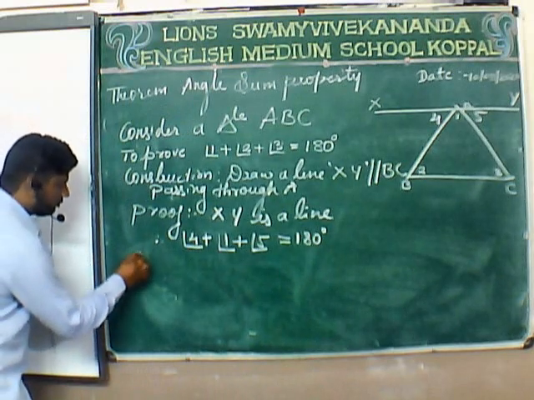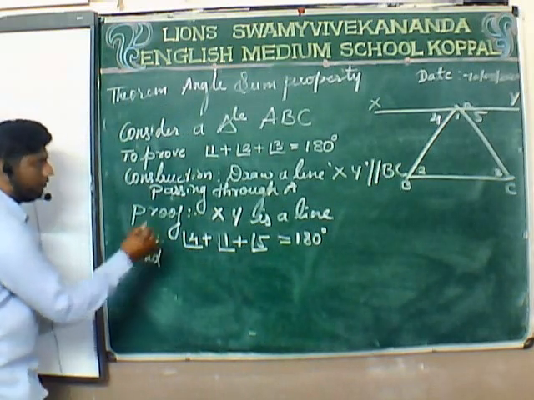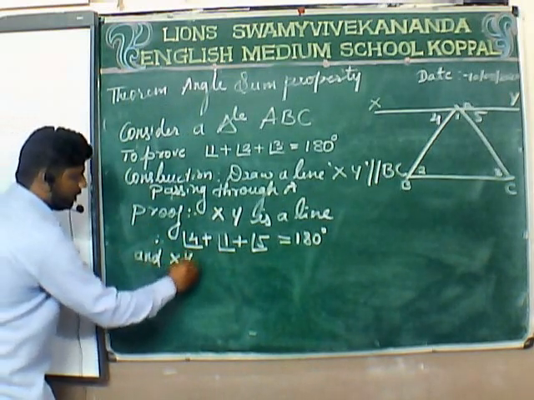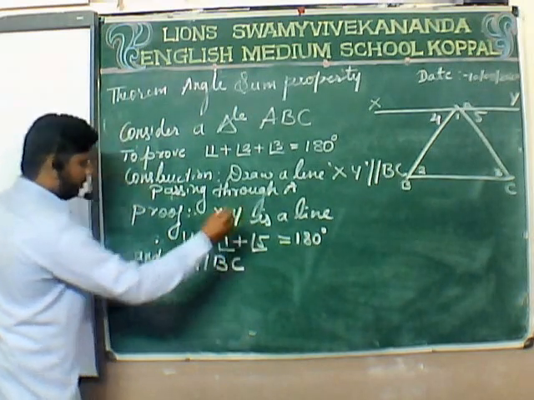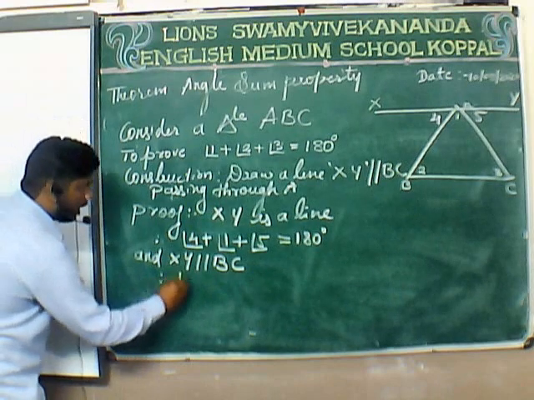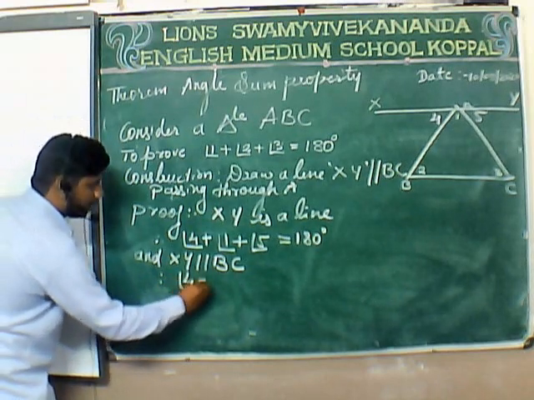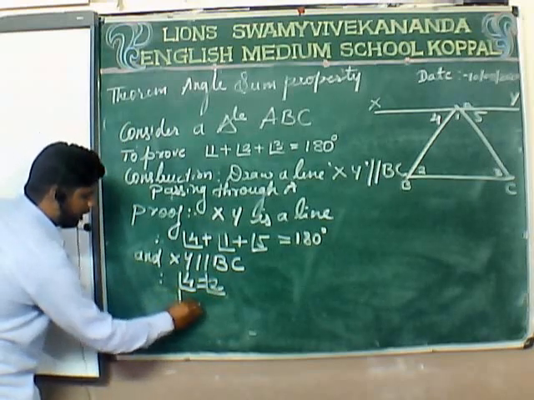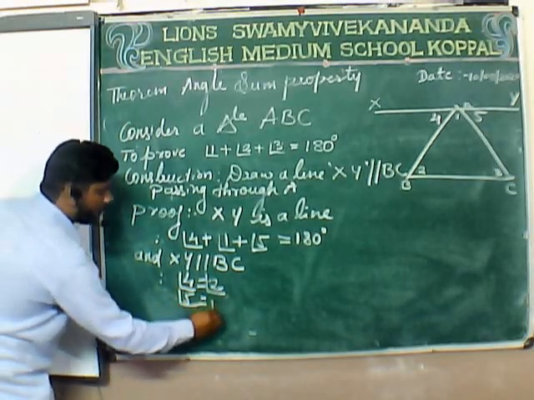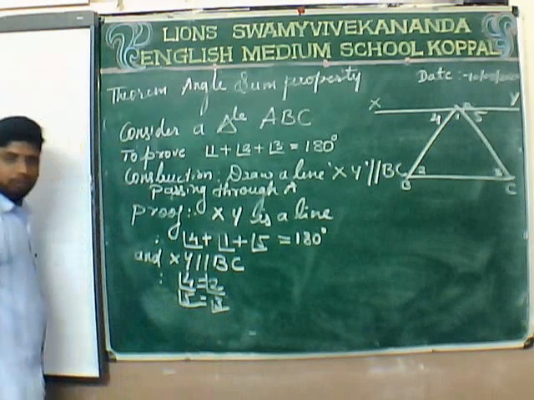And what we have, XY is parallel to BC. Therefore, angle 4 is equals to angle 2 and angle 5 is equals to angle 3. From which property?